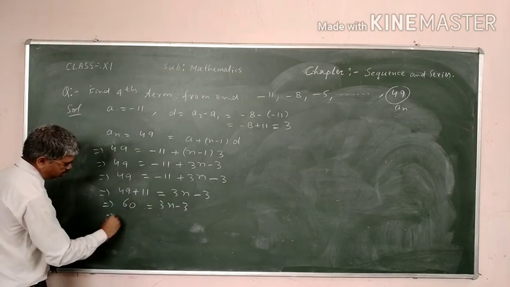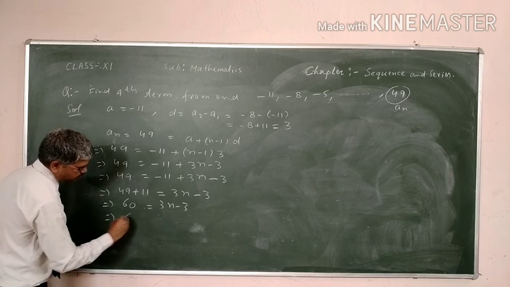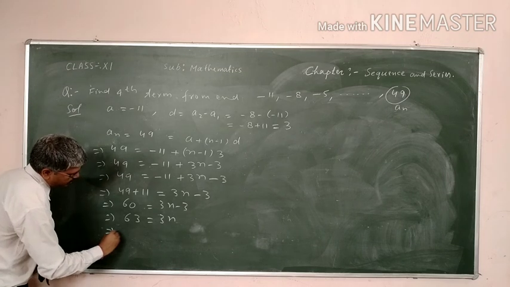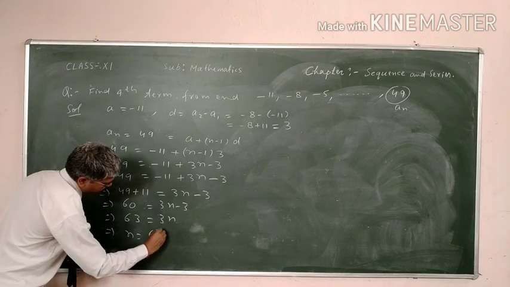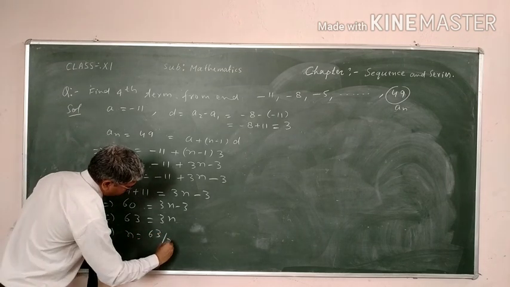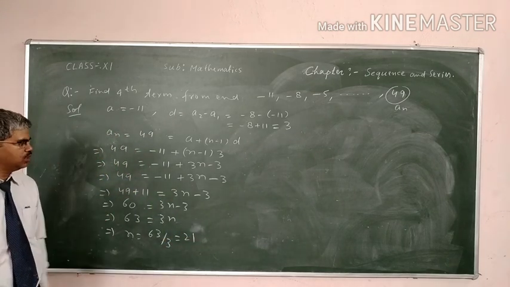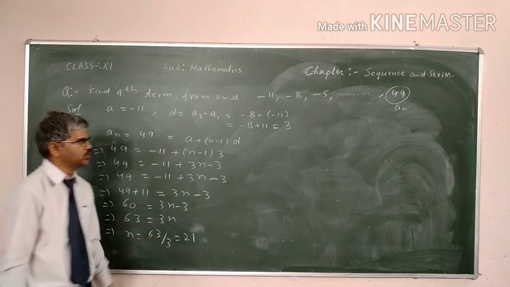Adding 3, it will be 63 is equal to 3n. This implies that n is equal to 63 by 3 is equal to 21. So there are total 21 terms in the sequence.